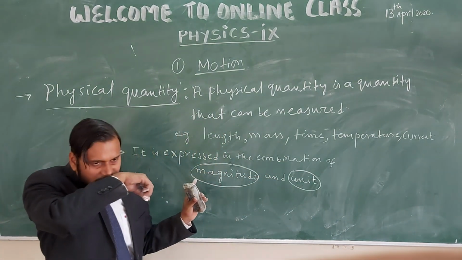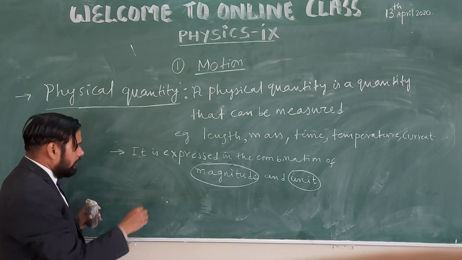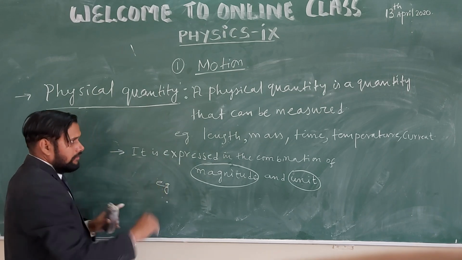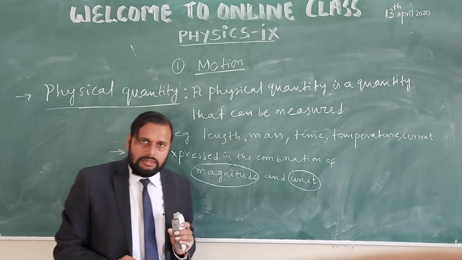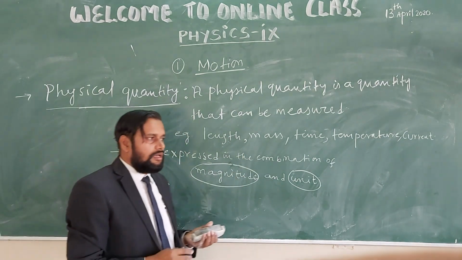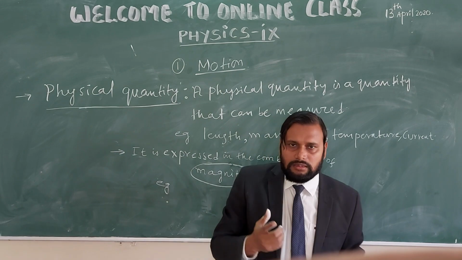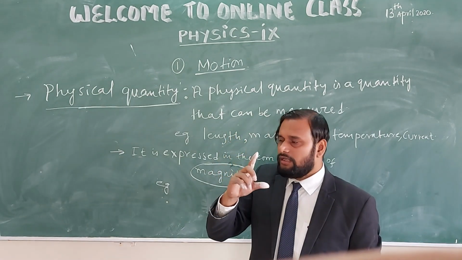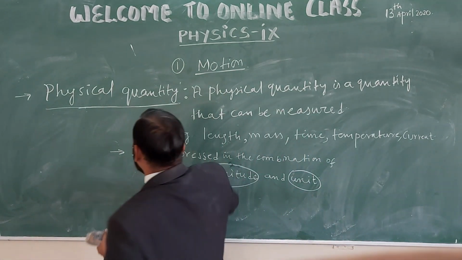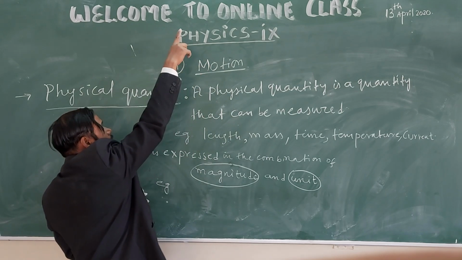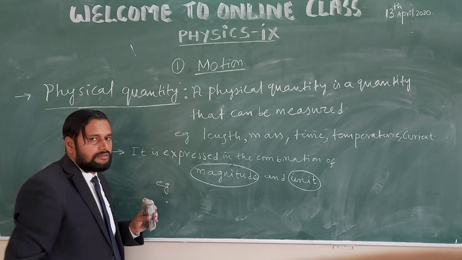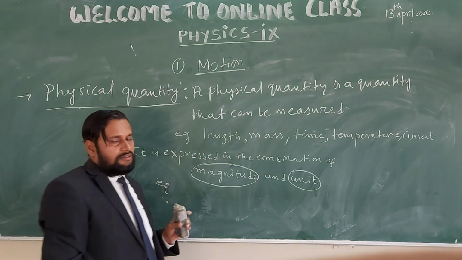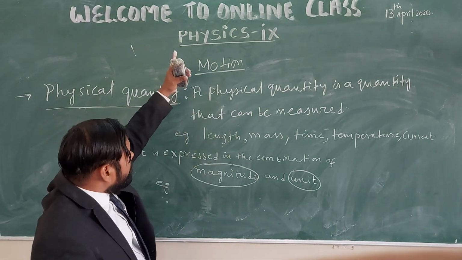Now magnitude means value. For example, see, length is a physical quantity. Suppose I brought a 15 centimeter scale, and I measured the length of this green board from there to there, from there to here.